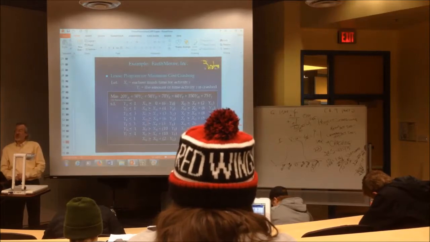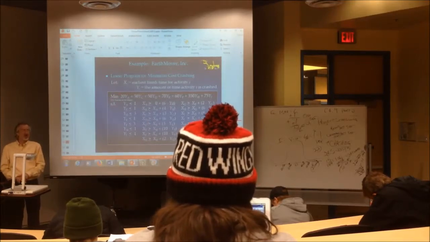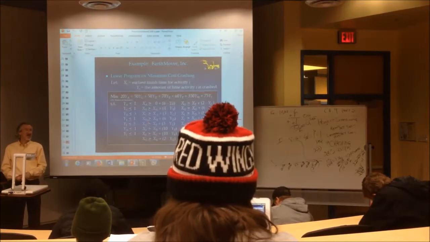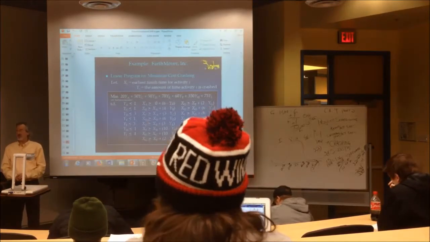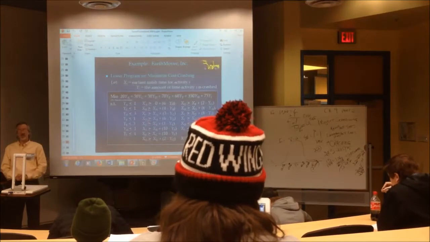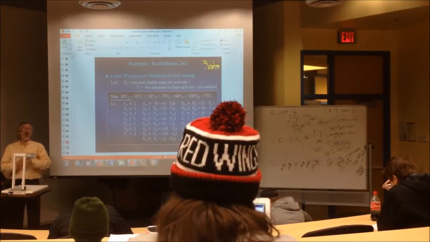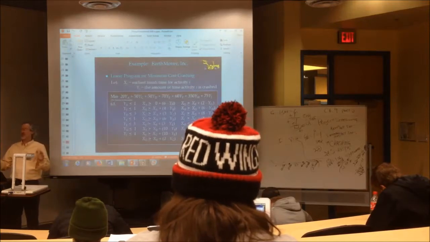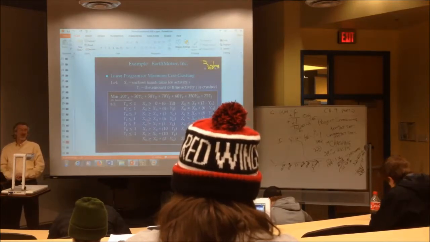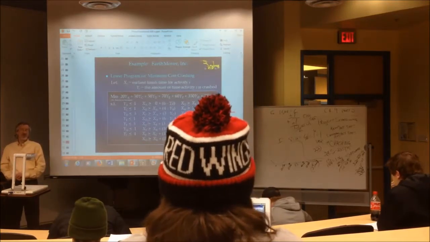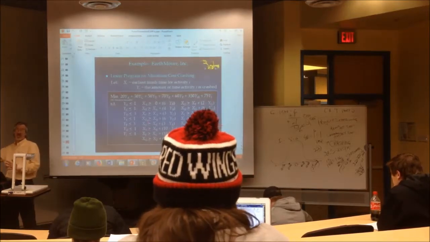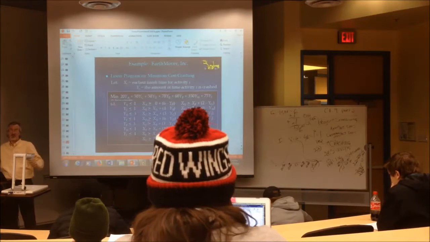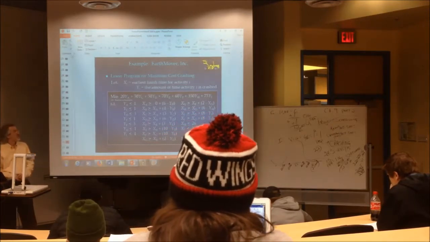Now notice your objective function. When you're crashing, it's almost always minimization. I've never seen one that's not. Because it's all about what's the least expensive way we can get this project done faster. The faster we get it done, the less likely cash gets eaten up because we accidentally went beyond the amount of time the loan is in place for.